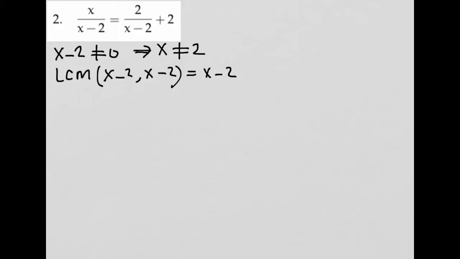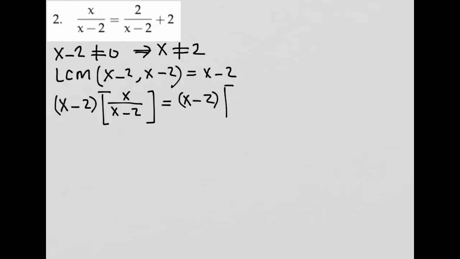Let's multiply by this LCM on the left and on the right sides of the equation. We get x minus 2 times x over x minus 2 is equal to x minus 2 times 2 over x minus 2 plus 2. On the left side, x minus 2 times x over x minus 2 is simply x.